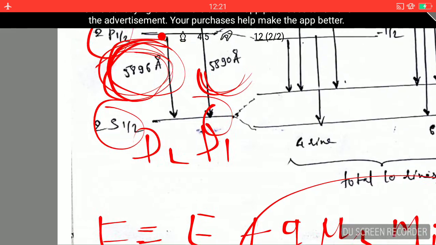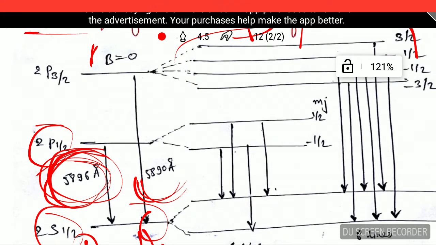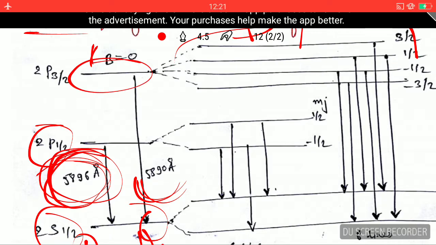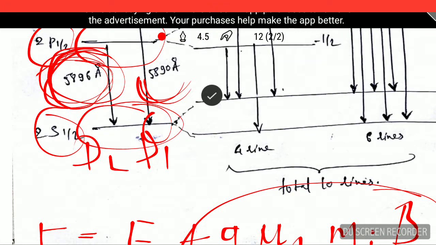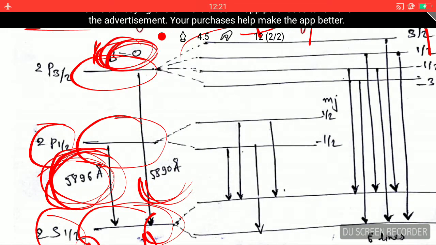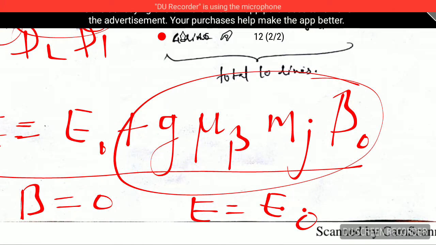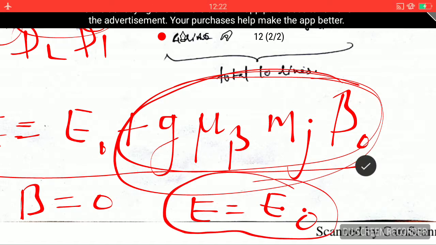That's why at this point the energy has only one value, and also at this point, and also at this point. The reason is that B equals 0, so this whole term comes to 0, and the energy has only one value, E equals E naught.